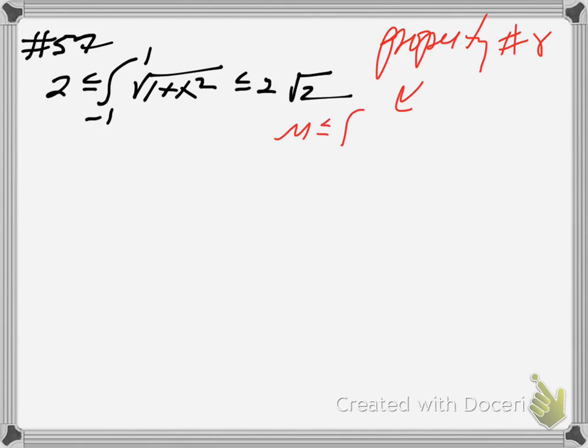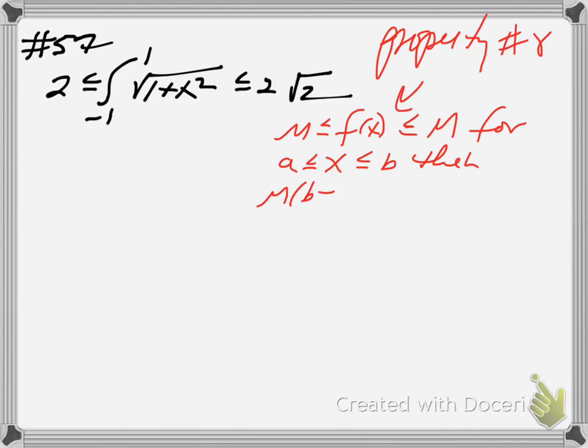So if you look at property number 8, basically what it's saying is that if you have a function that falls between two values, lowercase m and uppercase M, for any x value that's greater than or equal to a and less than or equal to b, then the integral of that function from a to b will always fall between that lowercase m times b minus a. It'll be greater than that and less than that upper limit, uppercase M times b minus a.